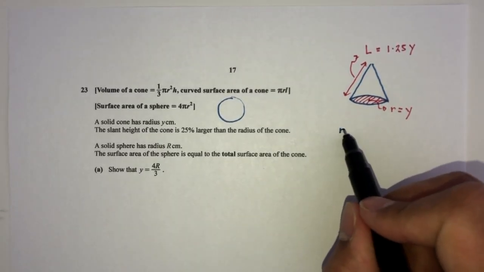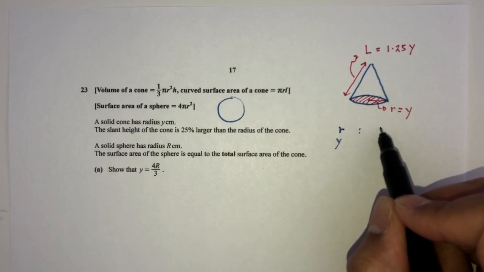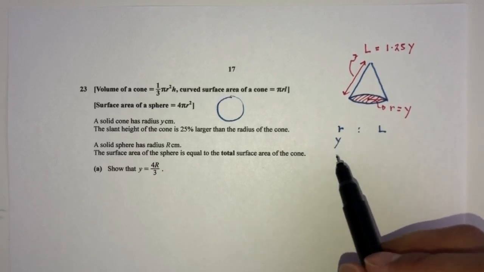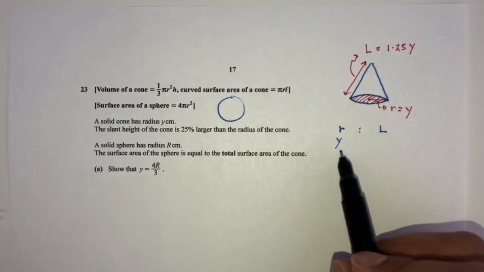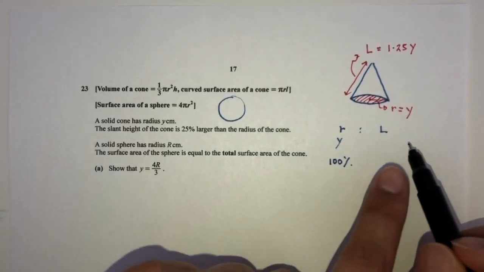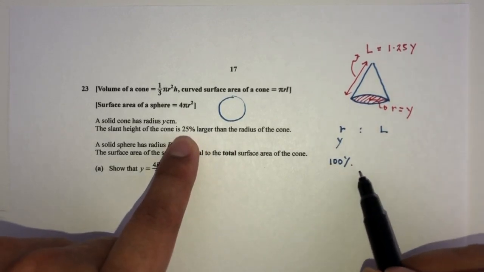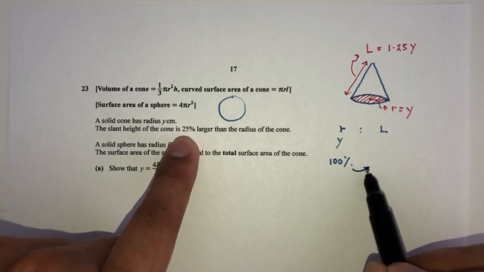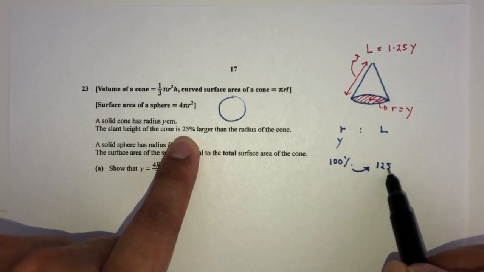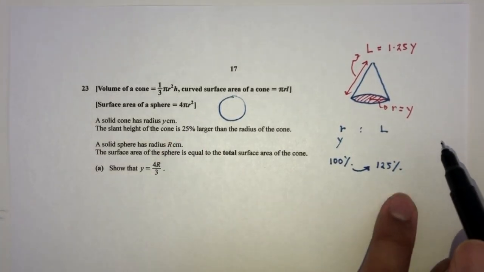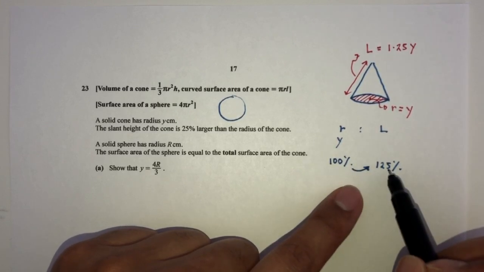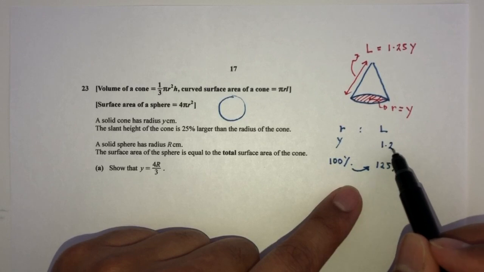So the radius, we know it is y. The slant height we don't know, but we're trying to find this one. Something we know is that we always think of the initial value as 100%. Now this is 25% larger, so if you have to increase the size by 25%, 100% plus 25% will be 125%. By using ratio, we understand that if 100% means y, 125% will mean 1.25y.